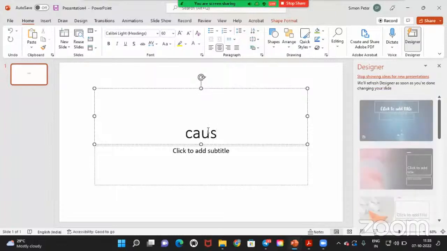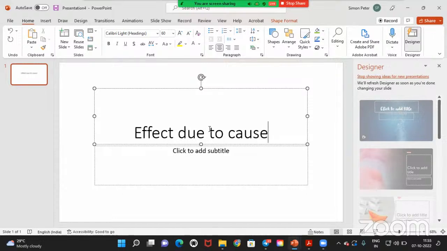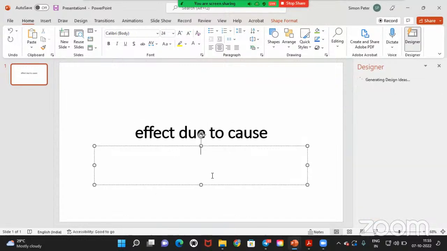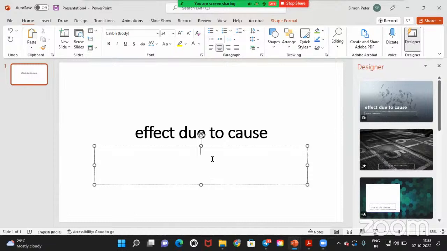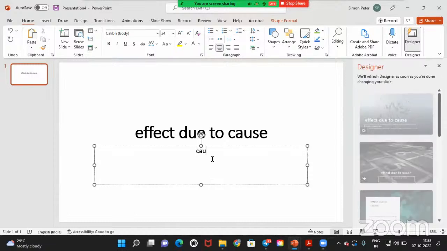Cause, effect due to cause. Effect due to cause. Try to understand what I'm showing you here. Then cause leading to effect.